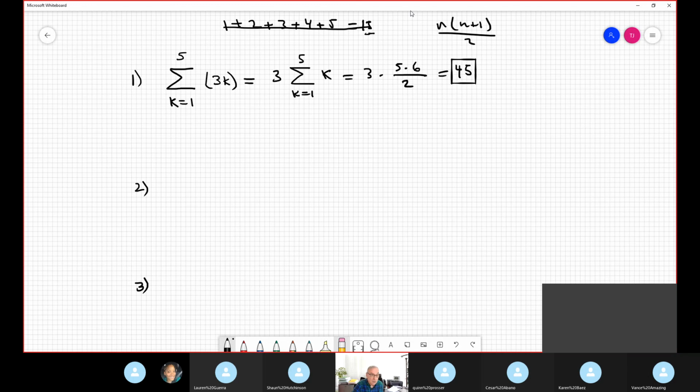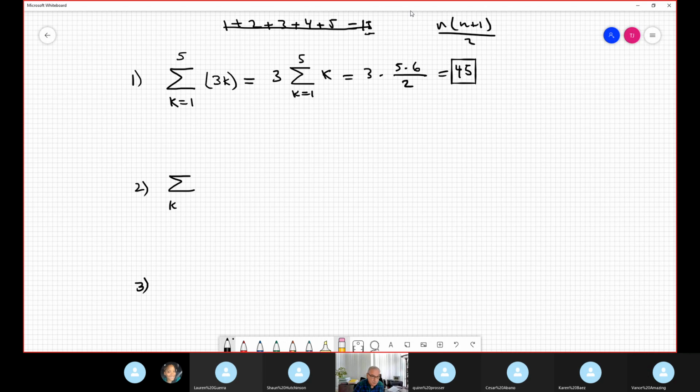Okay. Let's do the second. The summation from k equals 1 to 20. To do it by hand, 1 by 1, is crazy. 5k plus 3. Okay, I propose you separate it into 2 pieces.